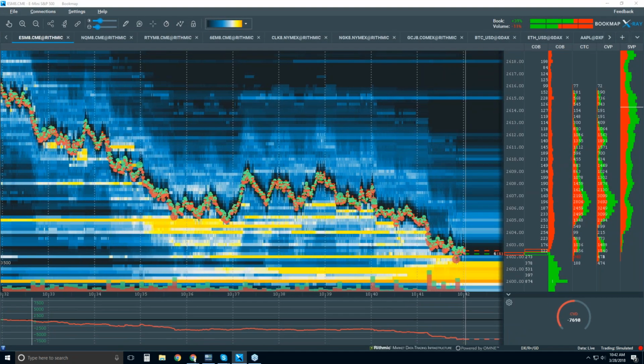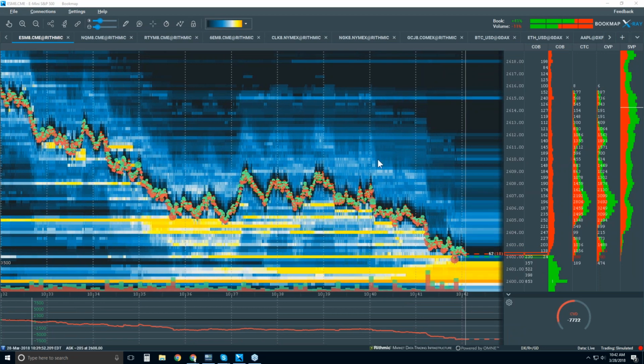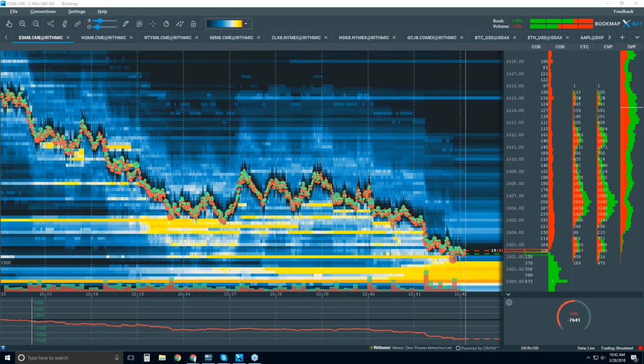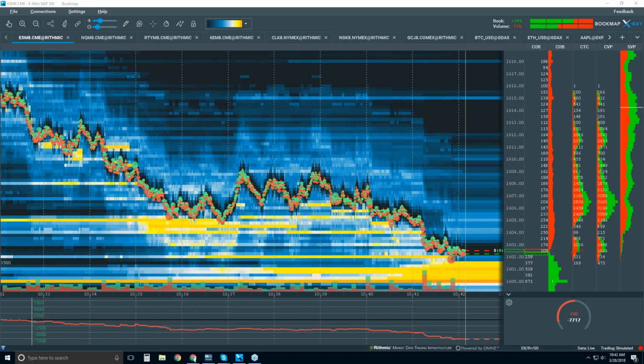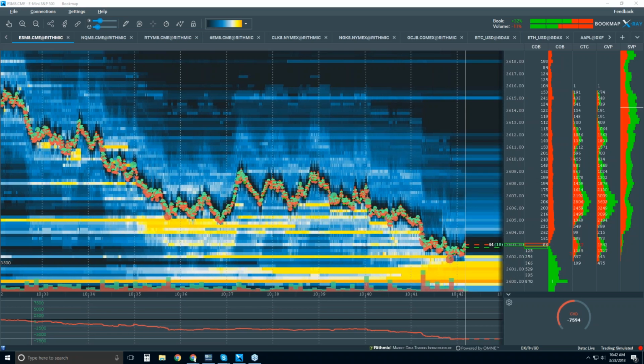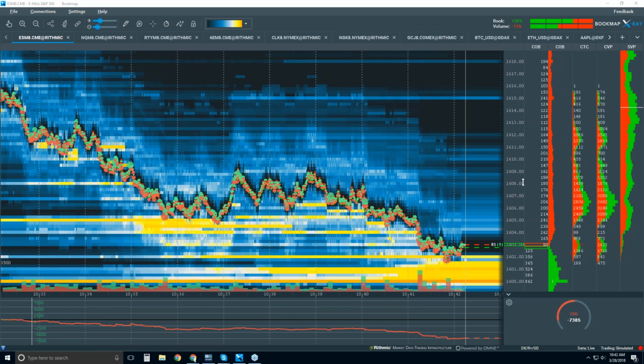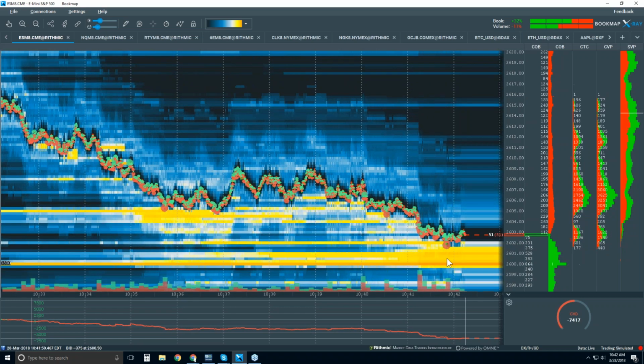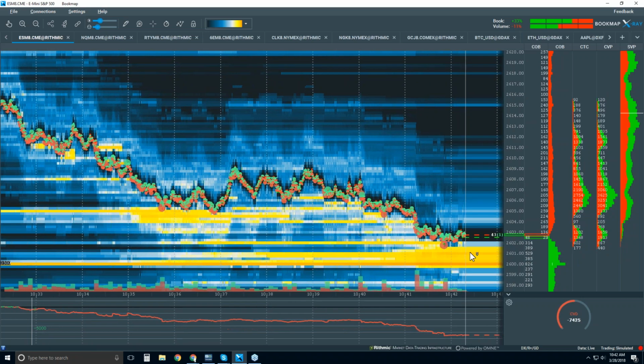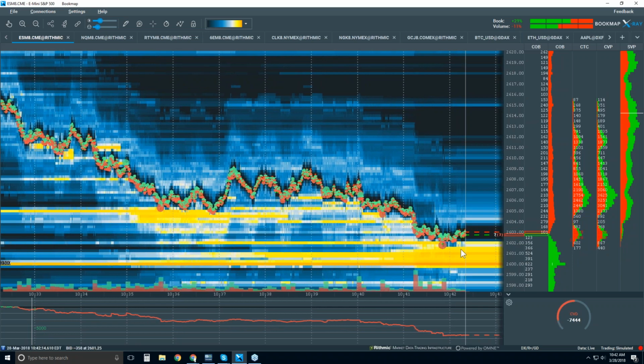Interesting stuff right off the bat. Look where we are, looking at the S&P E-mini here, right into the figure, a couple points away from it, but look at the liquidity here at the figure. A lot of liquidity down here, all this yellow and orange area.